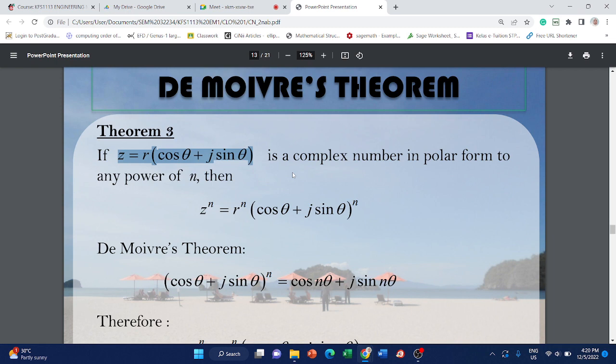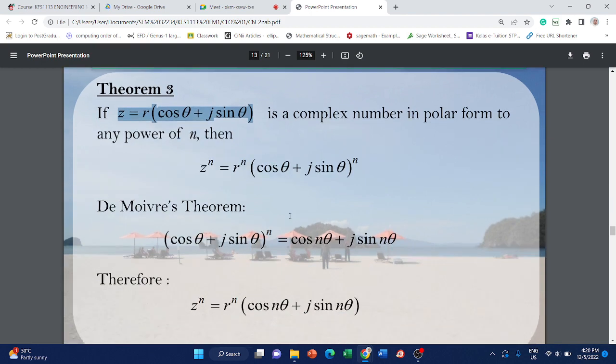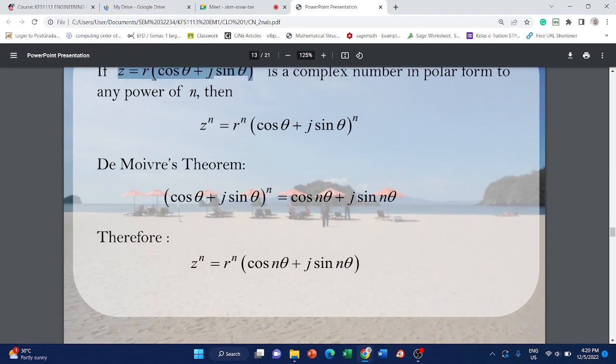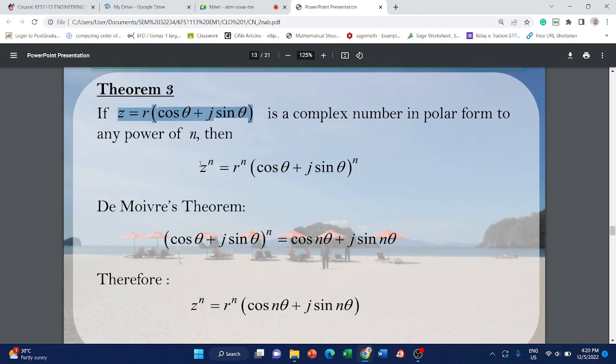In De Moivre's theorem, whenever we have a complex number z to the power n, it is equal to r to the power n times cos n theta plus i sin n theta. Now I highlight this equation.